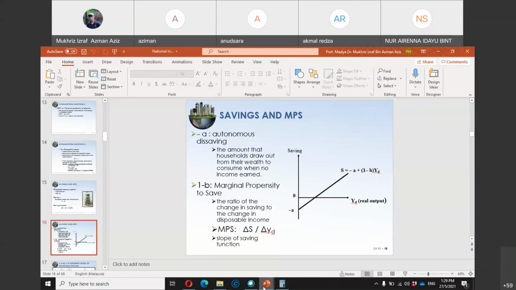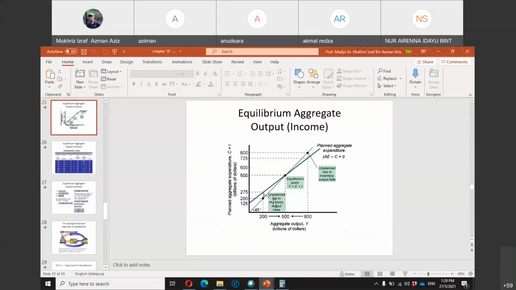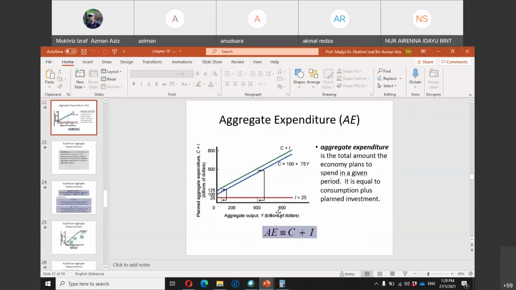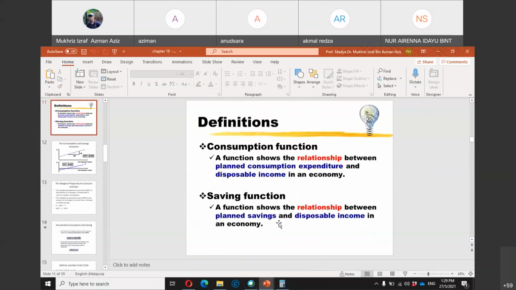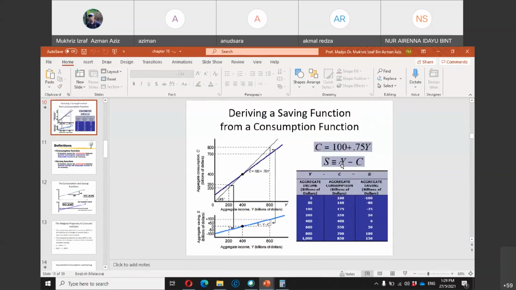If you recall from our discussion last Monday, whatever money that you don't spend, we assume that the money will be saved. Saving is basically equal to Y minus C. So whatever money you don't spend, you end up saving.